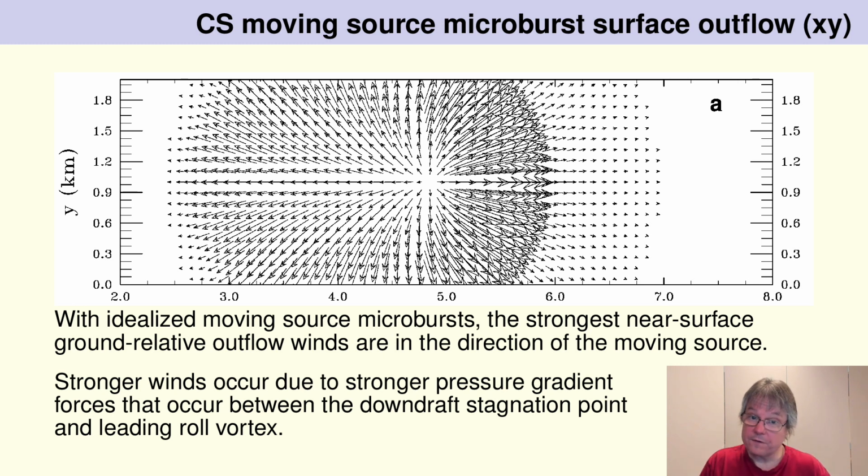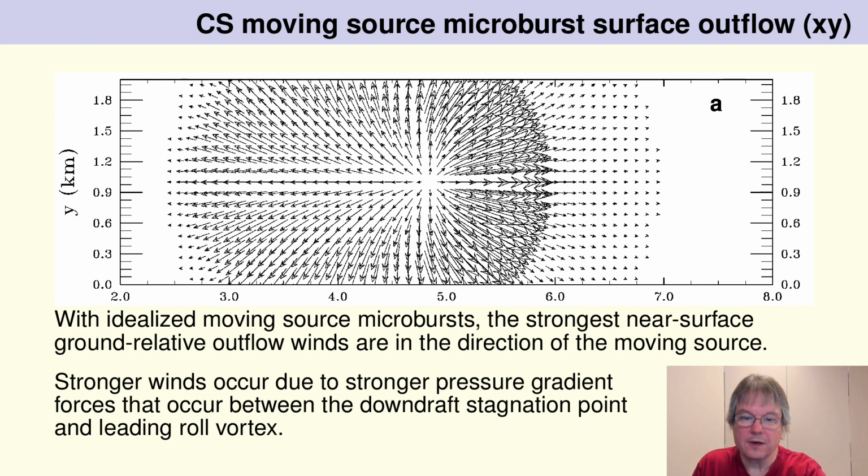And it turns out that, yes, indeed, as you might think, the winds are stronger in the direction the cloud's moving. That's the direction of your strongest winds, because you're adding on the translation velocity to what you'd get if you drop the downburst.